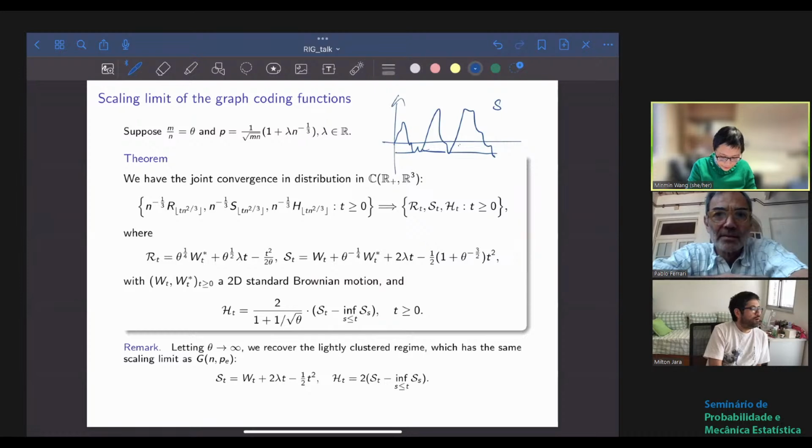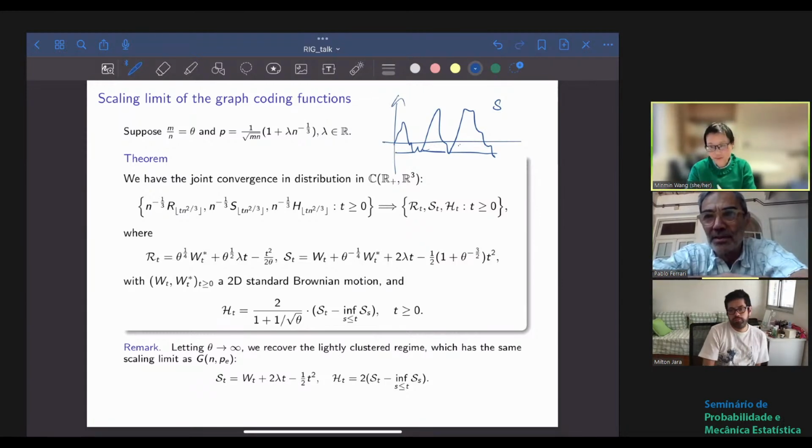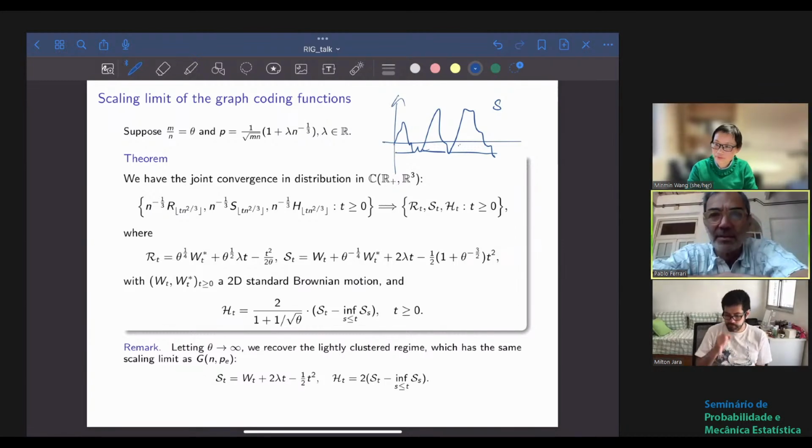But the nice thing is once you have the convergence of the S, then automatically that gives you a convergence of all the components, because everything is contained there. So in some sense, the time for you is the exploration. Yes, the time in the coding process is exactly the step in the exploration. That is a little bit artificial.